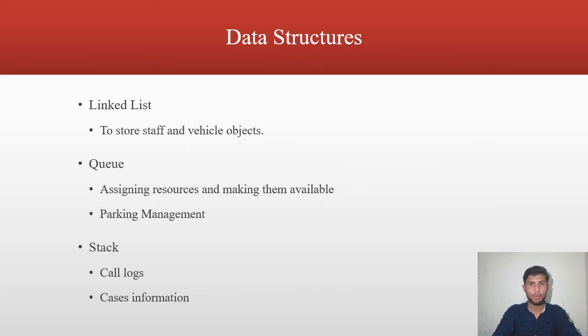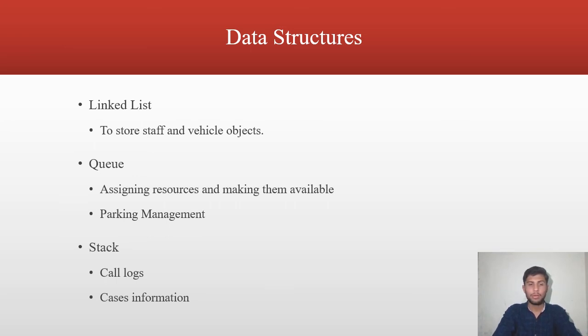Now let's talk about data structures. We are using a linked list instead of an array for the storing and deletion process queue. We are using a queue for parking management and driver assignment because we assign the first available driver first and vehicle then, and so on.